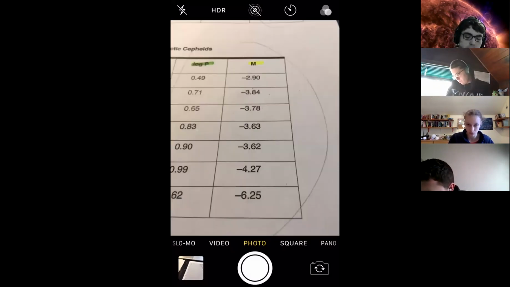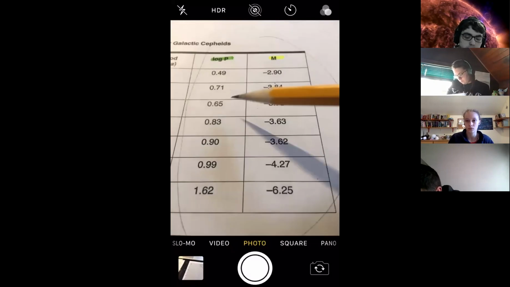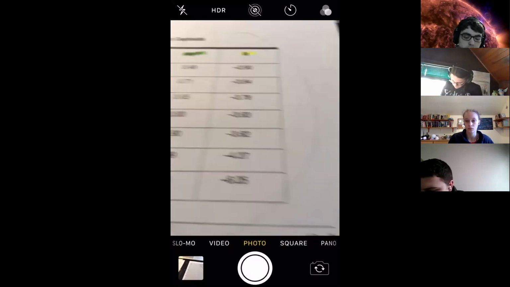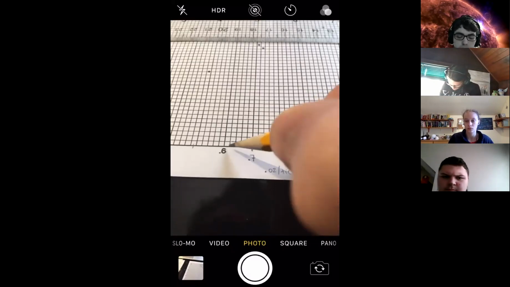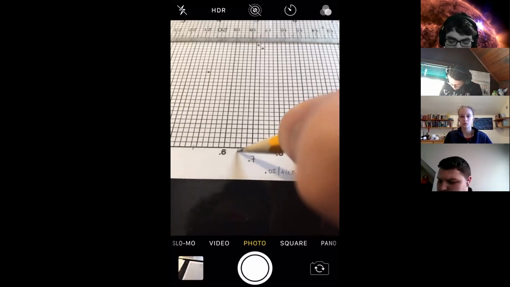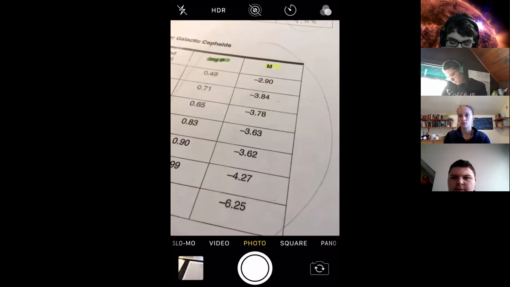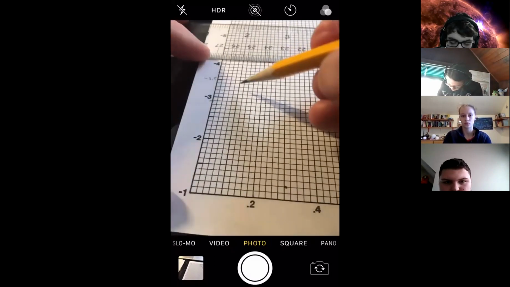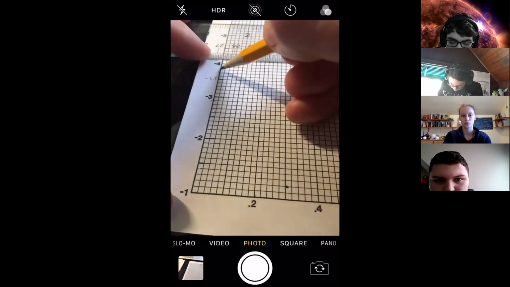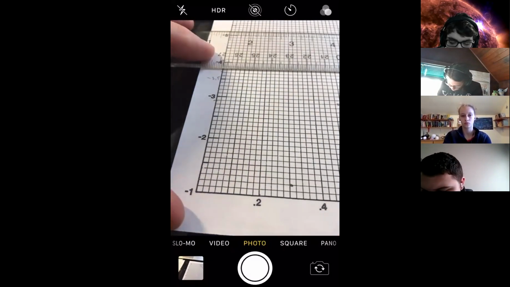Yeah. 0.65 and negative 3.78. So 0.65 is here, and negative 3.78 is almost negative 3.8.